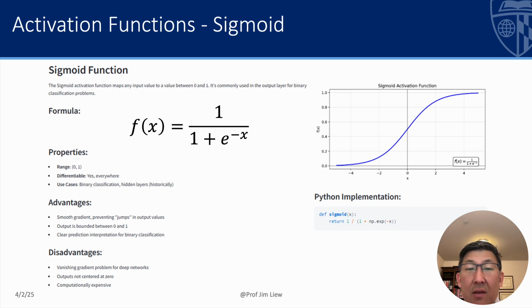Now let's make x very, very big. Imagine x is 100,000. Now you have 1 over 1 plus e to the minus 100,000. So e to the minus 100,000 is 1 over e to the 100,000. That's 1 over a really large number, which is pretty much 0.